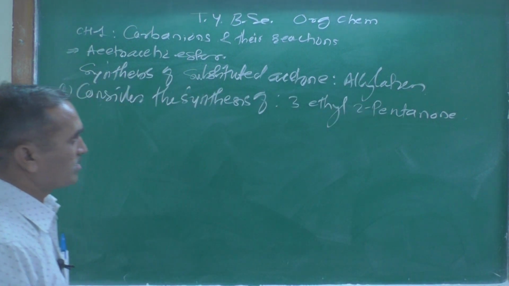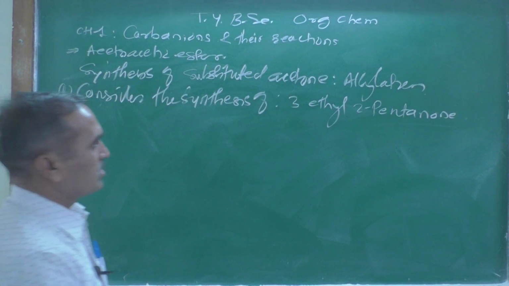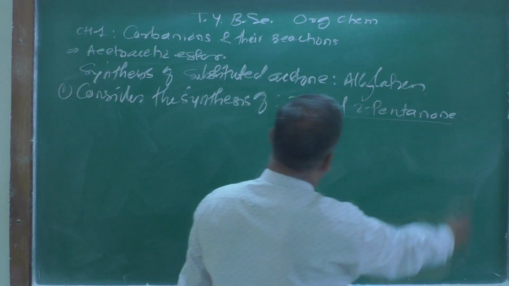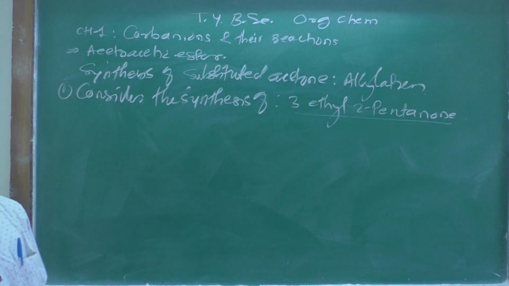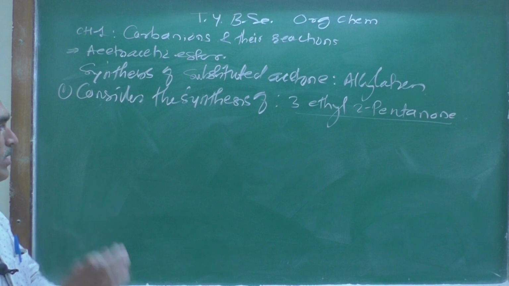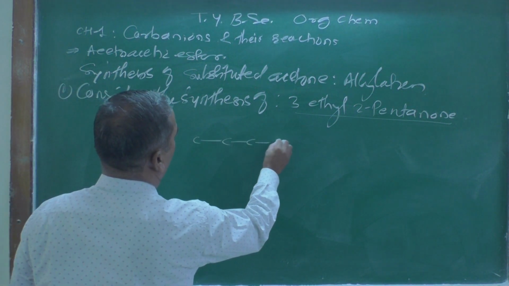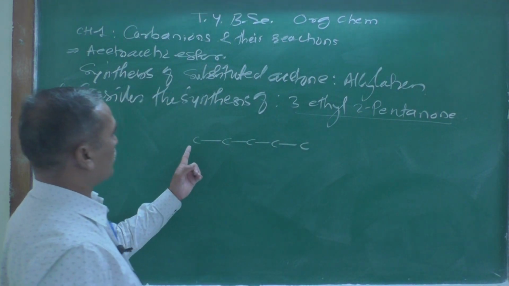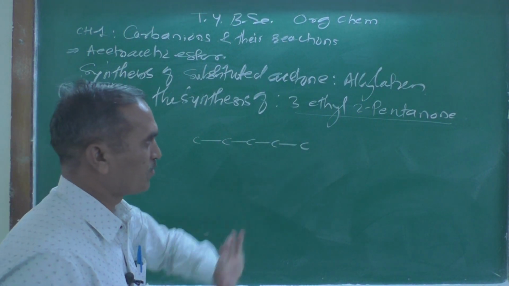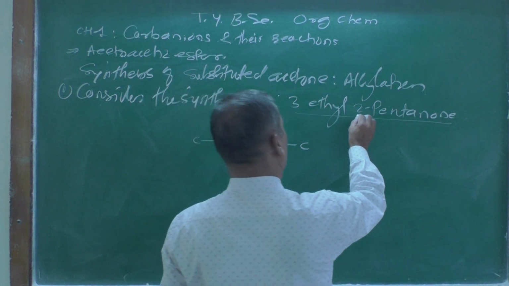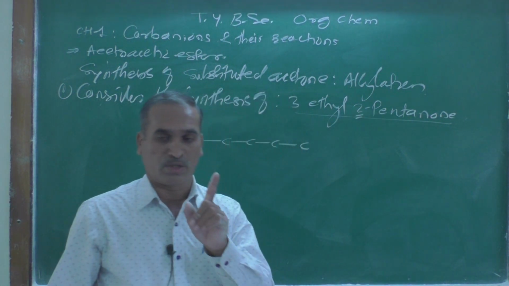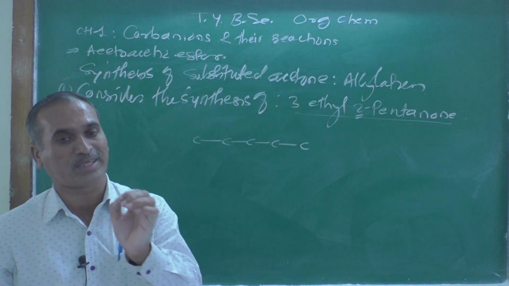So now let us see here. First of all, see the structure of this 3-ethyl 2-pentanone. Pent clearly indicates that there are 5 carbon atoms. So you can first write down 1, 2, 3, 4 and 5 carbon atoms. Let us see here the 2, what do you mean by the 2? What does it indicate?